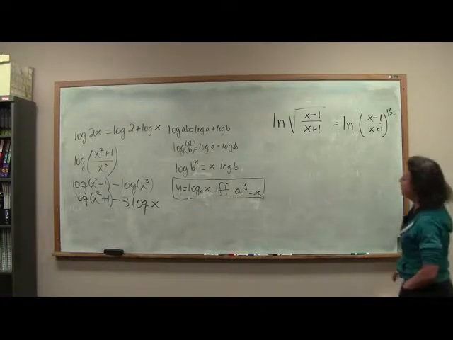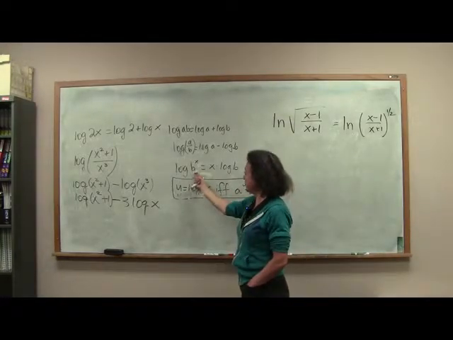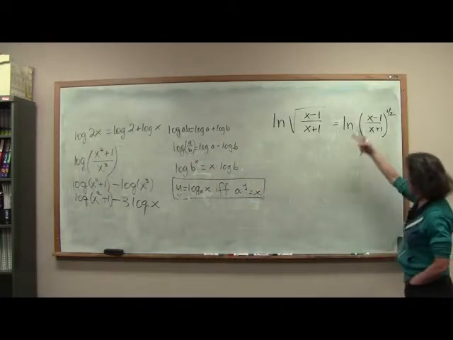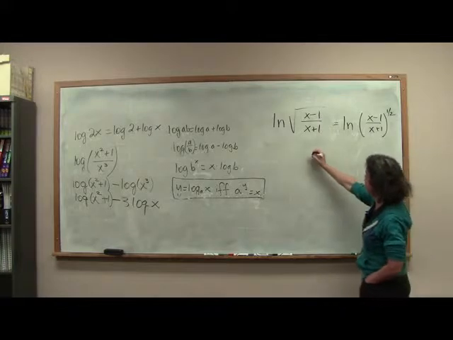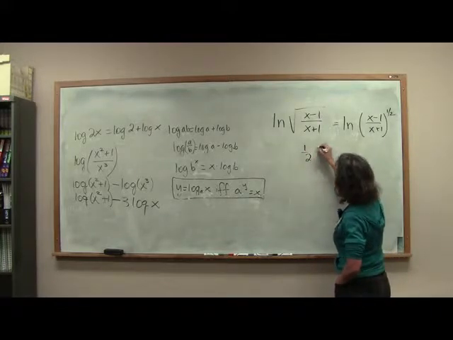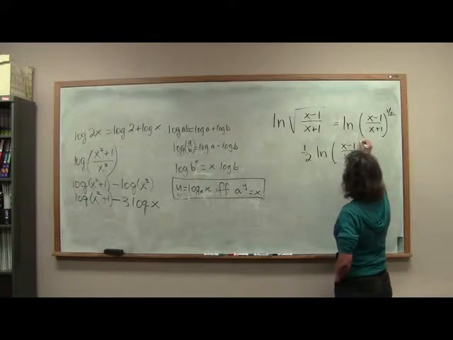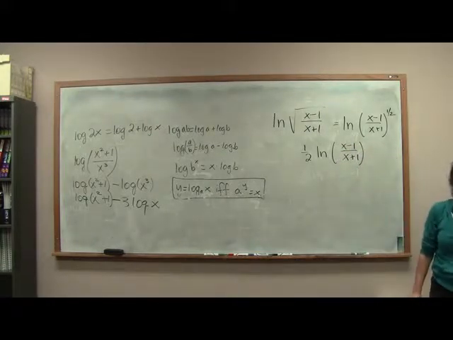Notice I have the log of something raised to a power, so first thing I could do is bring my exponent down in front. In other words, that's 1/2 times the natural log of x minus 1 over x plus 1.